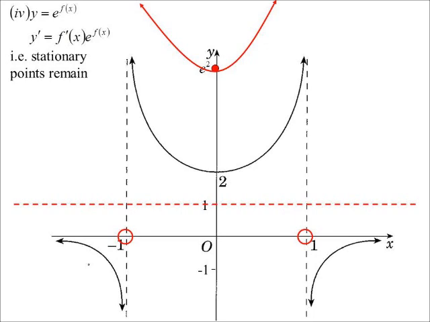So if I look at the original graph, the derivative, as we're getting closer to that point of discontinuity, is getting closer and closer to negative infinity. So something negative very large. But then we have e to the function x. And so the y value is also approaching negative infinity.